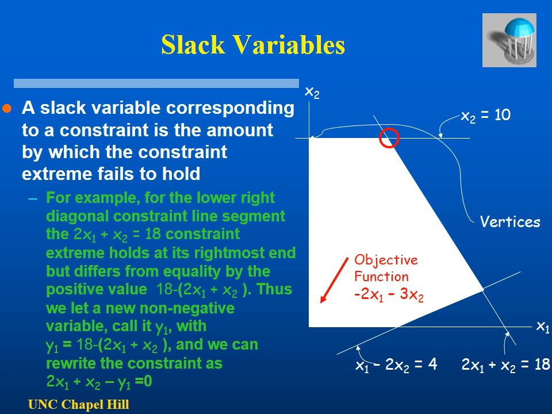On the extreme line for a constraint, the constraint extreme holds. But as we get away from that line, but are still in the constraint holding region, just not at the extreme, the difference between the line and the position we're at in regard to that direction, the distance, is not equal to 0.